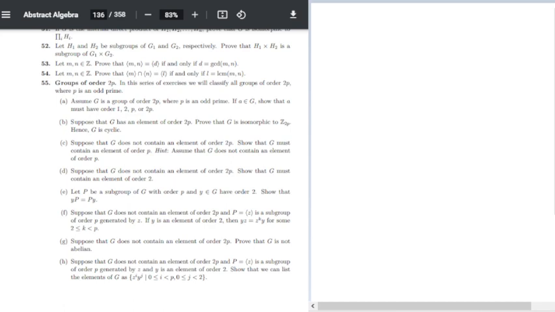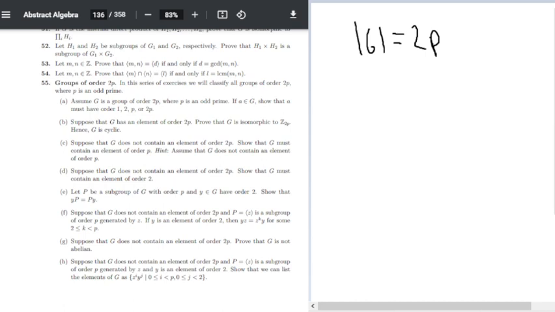It contains an element of order 2. Now, okay, let me think. So, let's actually write this out. The order of G is 2p. Suppose that G does not contain an element of order 2p.